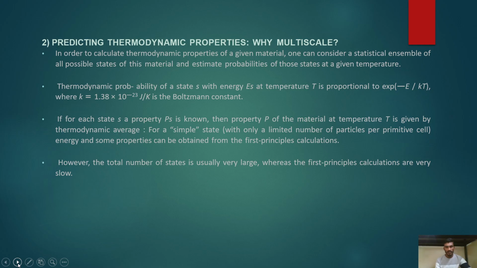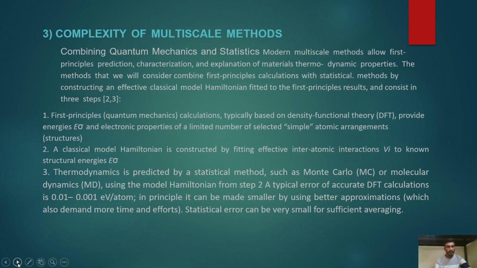For a simple state with only a limited number of particles per primitive cell, energy and other properties can be obtained from first principles calculations. However, the total number of states is usually very large, and first principles calculations are very slow.